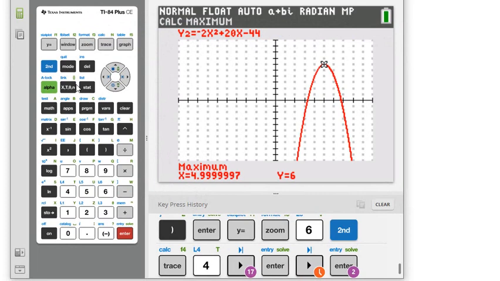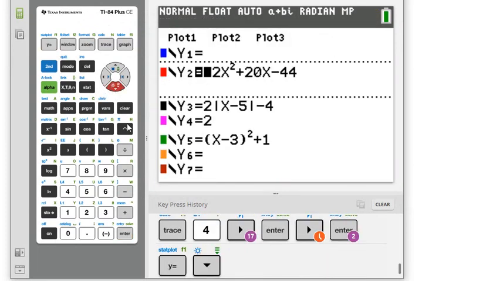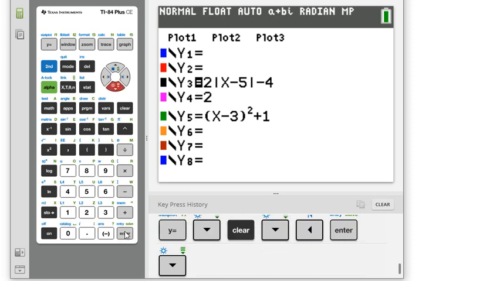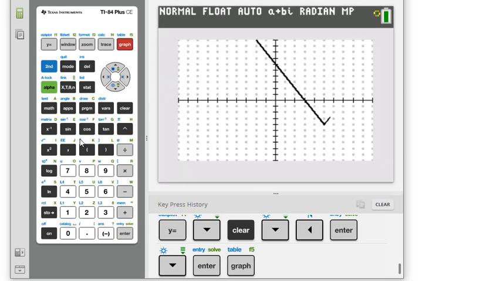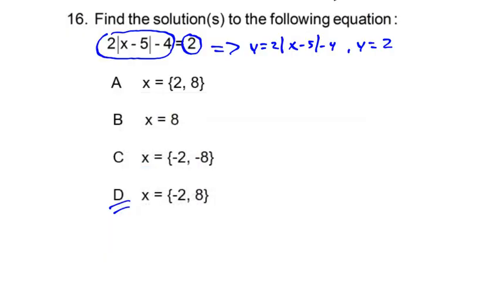I entered these equations in advance, so I'm just going to highlight them so they will show when I graph them now. And you're going to get x equals 2 and x equals 8 right here. Those are the answers.